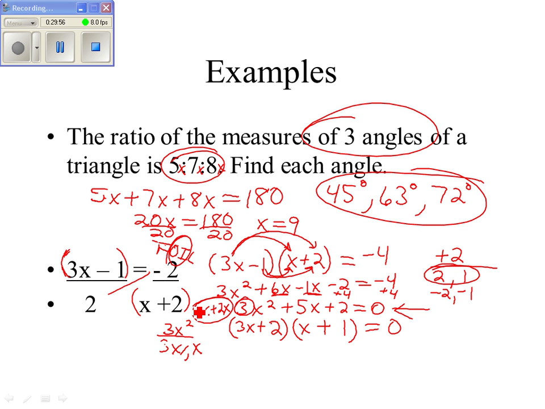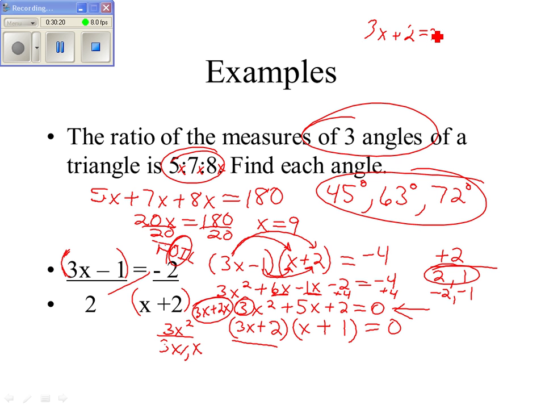Now, once we're to that point, how do we solve that? Set it up equal to 0, right? So the first equation is going to be what? 3x plus 2 equals 0.